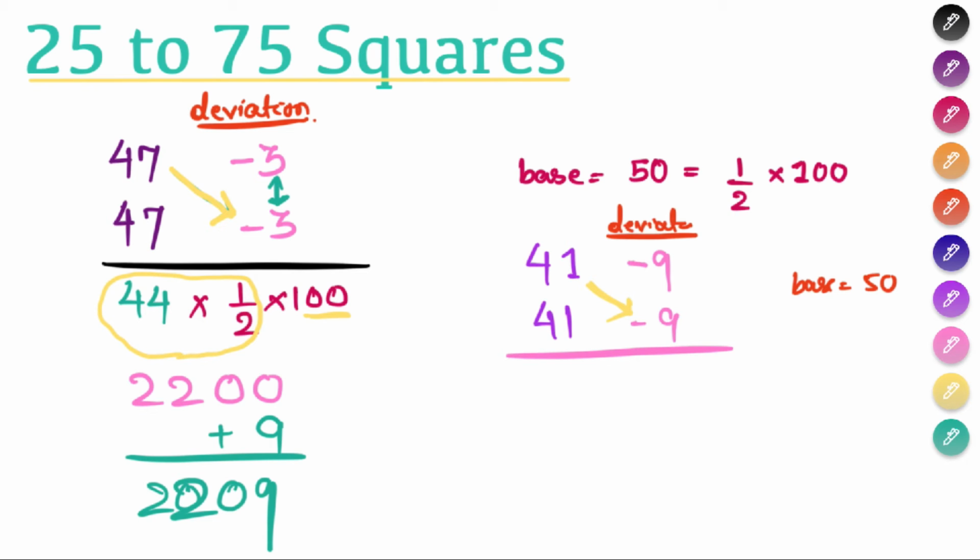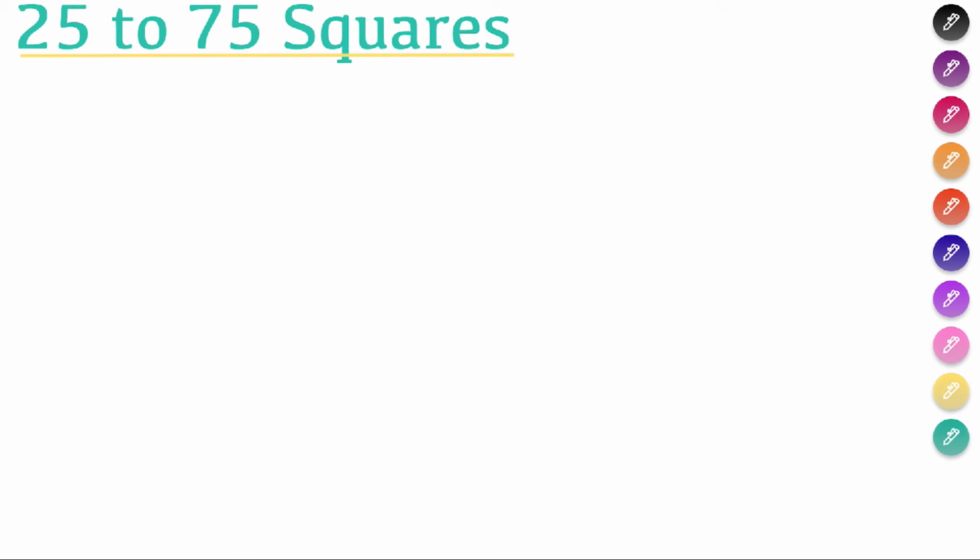The second step will be dividing 32 by 2, so 32 by 2 will give us 16, and we simply add 2 zeros. The final step is multiplying the deviations from the base. Minus 9 into minus 9 is plus 81, so we simply write 81. So 1681.